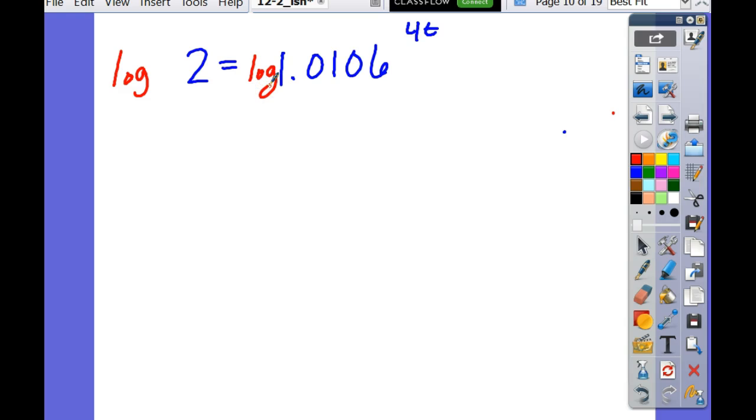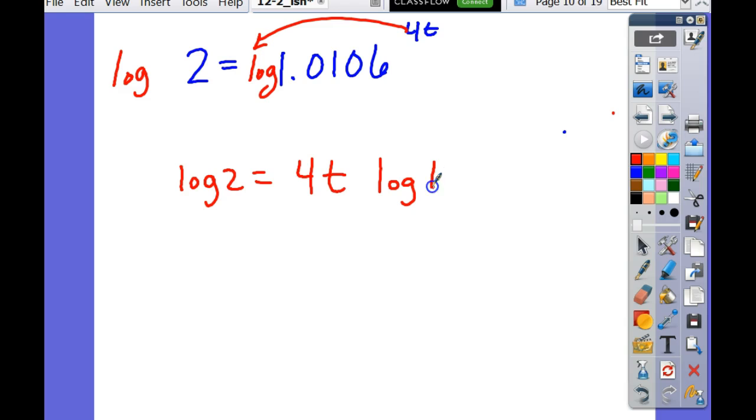We take the log of both sides when the variable is the exponent, and that's why we learned all that stuff about logs to do this kind of problem right here. The reason we take the log is the log has a power rule, so we can use the power rule and bring this out in front.